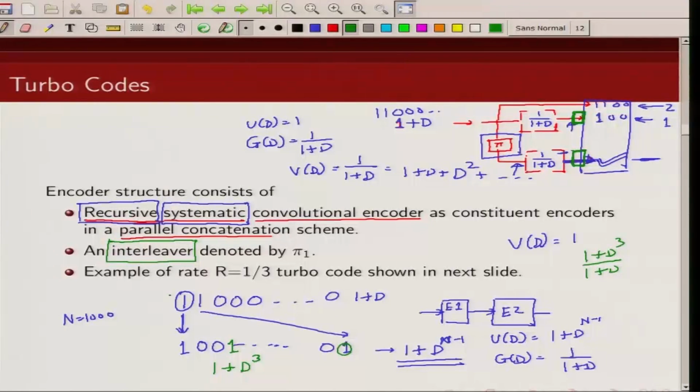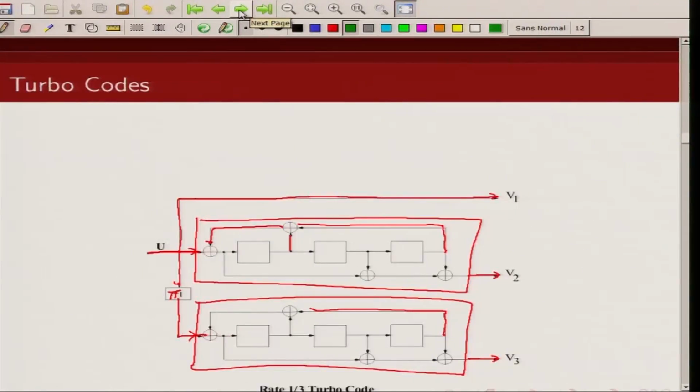So, let us look at the structure of turbo code again. You note here I have two encoders. This is my encoder 1 and this is my encoder 2. Both of them are recursive or feedback encoders. You can see that each one of them has 8 states in this particular example. Now, the information sequence is coming here. It is a systematic code.